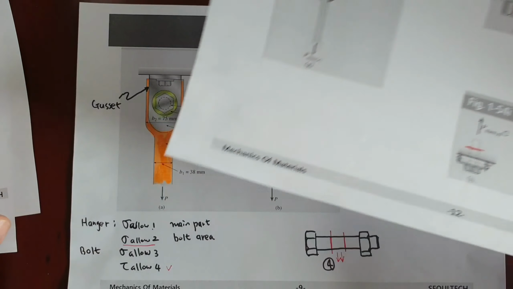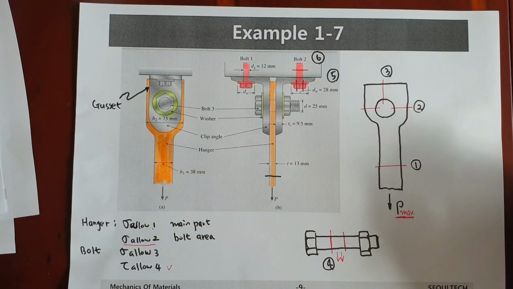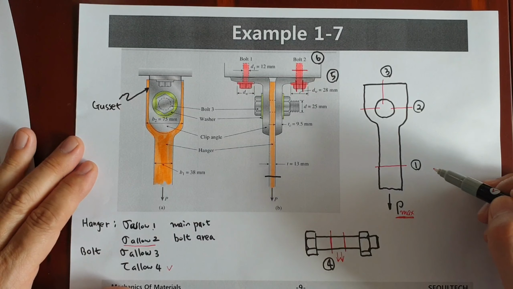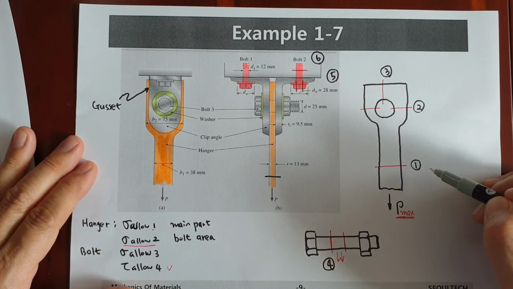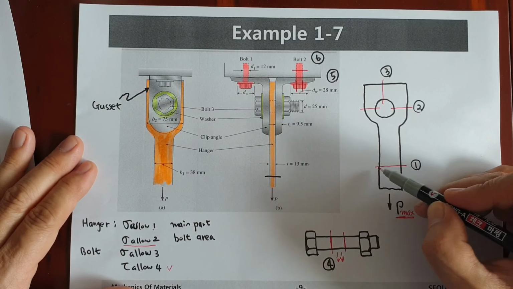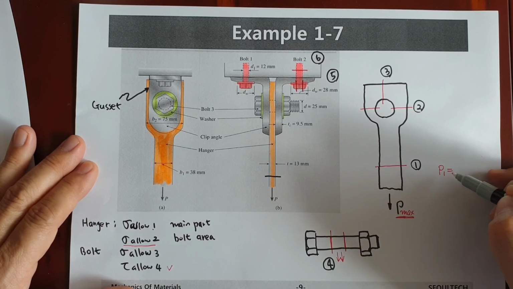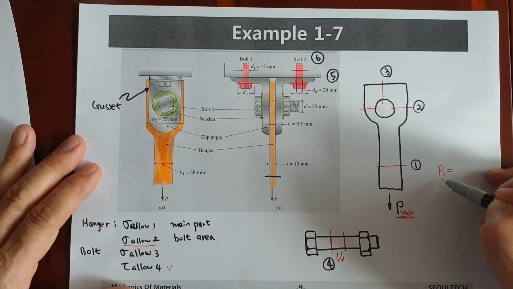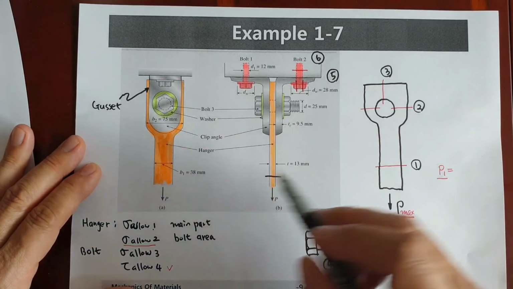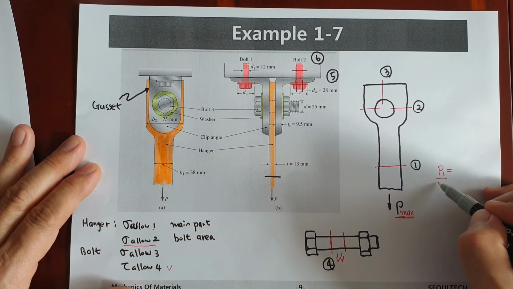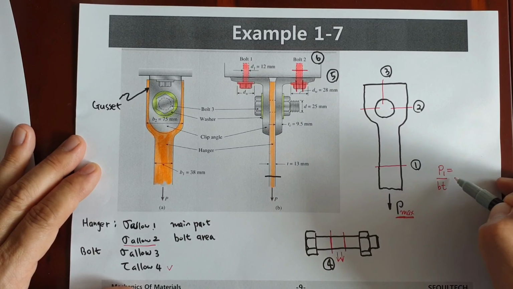Okay, now let's go back to this position, the original problem again. In case number 1, in this case here, P1 can be calculated. P1 is divided by the area. The area is B1 and thickness T1. This one is sigma 1.